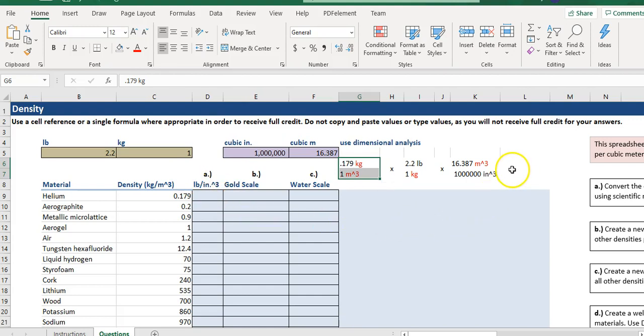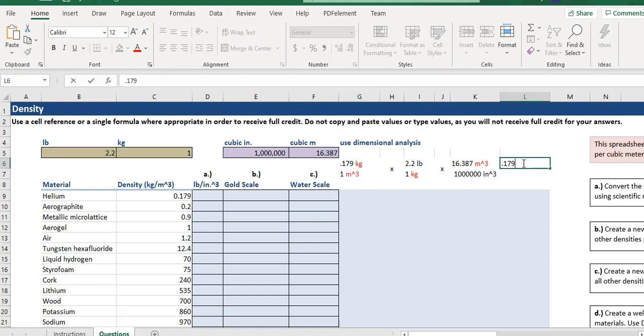So when you're working with fractions, what you do is you multiply the numerators and then multiply the denominators and then divide. So what I would end up doing here is saying 0.179 times 2.2 times 16.387.